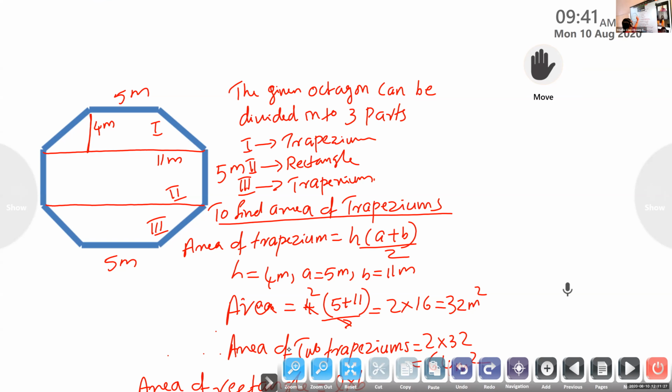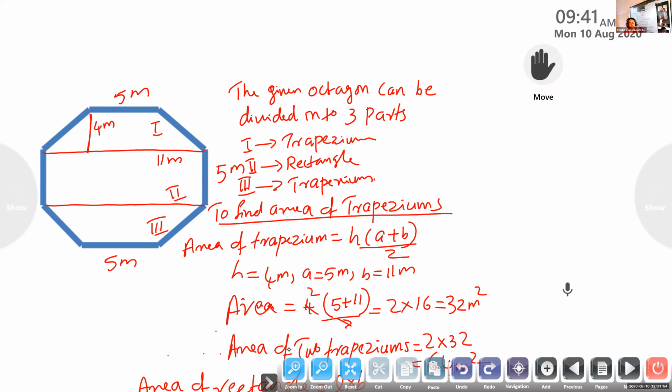Also given, length of one diagonal is 11 meter and this height is 4 meter. So first we divide the given octagon into 3 parts by drawing 2 diagonals. For finding the area of any polygon, this is our method: we draw some diagonals so that we get some shapes whose formulas we know.